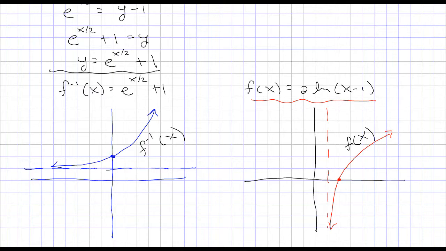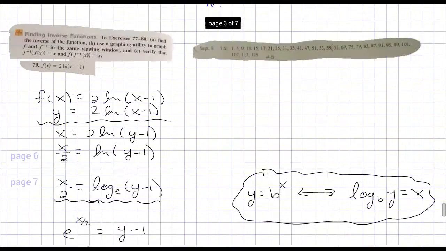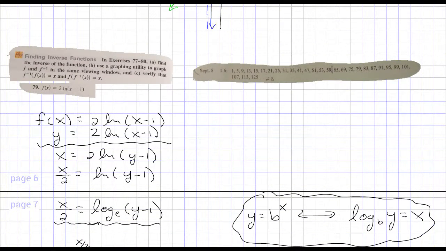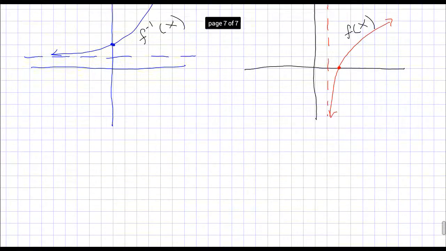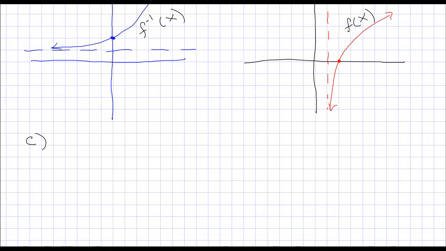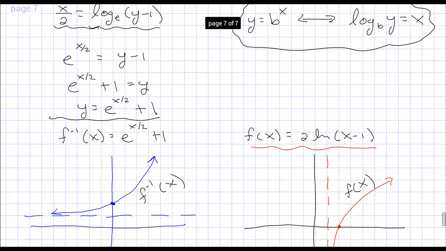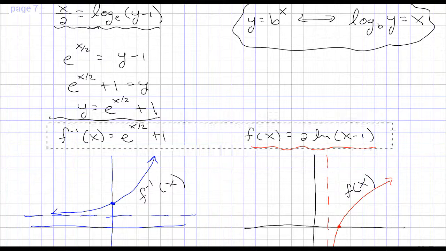Now they want us to verify that f inverse of f of x and f of f inverse of x both equal x. So f inverse first, so part C. Let me copy both functions down here.